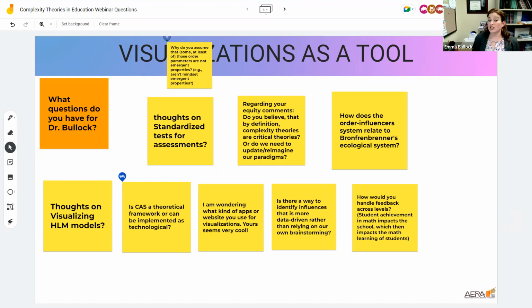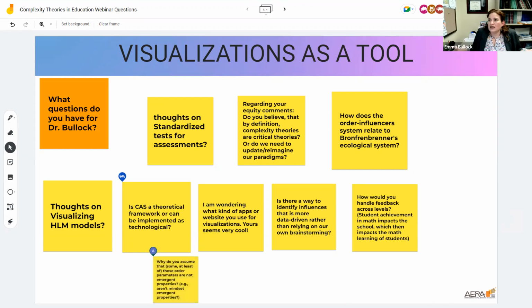So we always need a place to start, right? But we definitely need to acknowledge that our own brainstorming processes are probably not going to be completely correct, right? As we get into studying our complex adaptive system, we're going to learn from our data about some influences that we have inadvertently left off and now need to include.